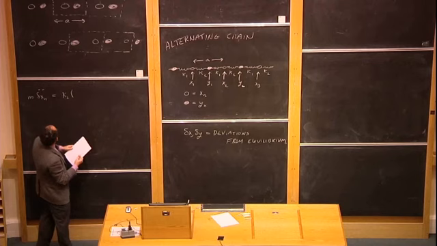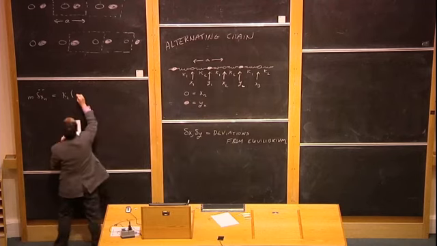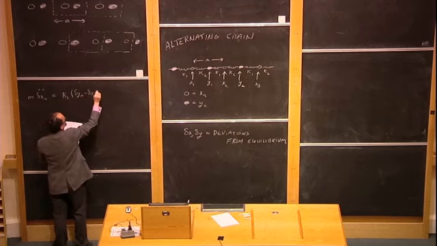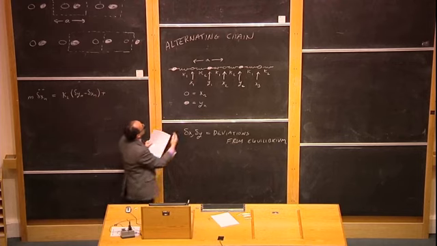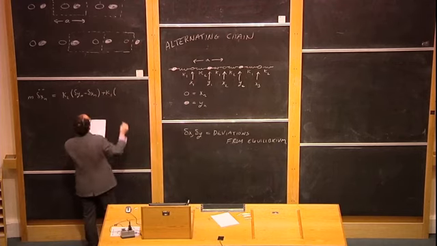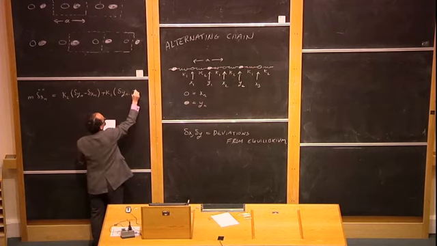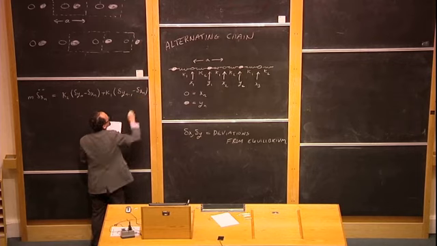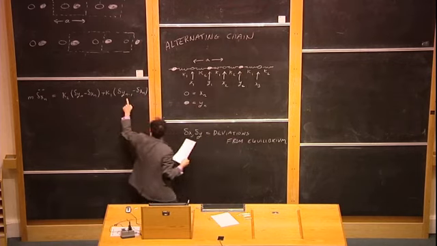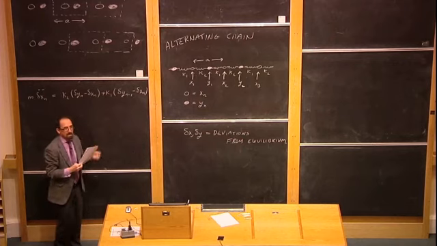And then on the right of an x atom is a y atom with the same number, so kappa 2 times delta yn minus delta xn. And then on its left is a kappa 1, plus kappa 1 times, on its left is a delta y atom with the index 1 lower, minus delta xn. Does everyone agree with that? That on the left of x2 is y1, so the kappa 1 spring has the lower index. Yes? Good? Happy? All right. Good.